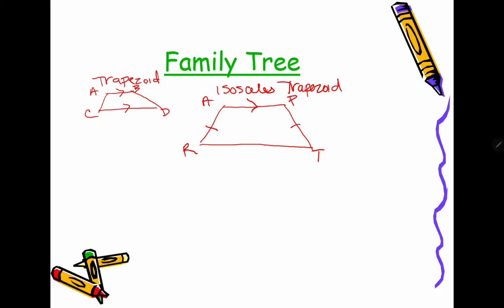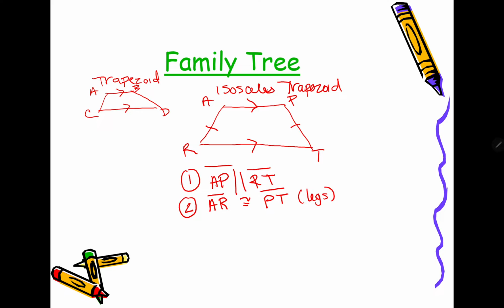We still know that our bases are parallel, so one property is that AP is parallel to RT. But we also know that the legs are congruent, so AR is congruent to PT. Those are the legs.